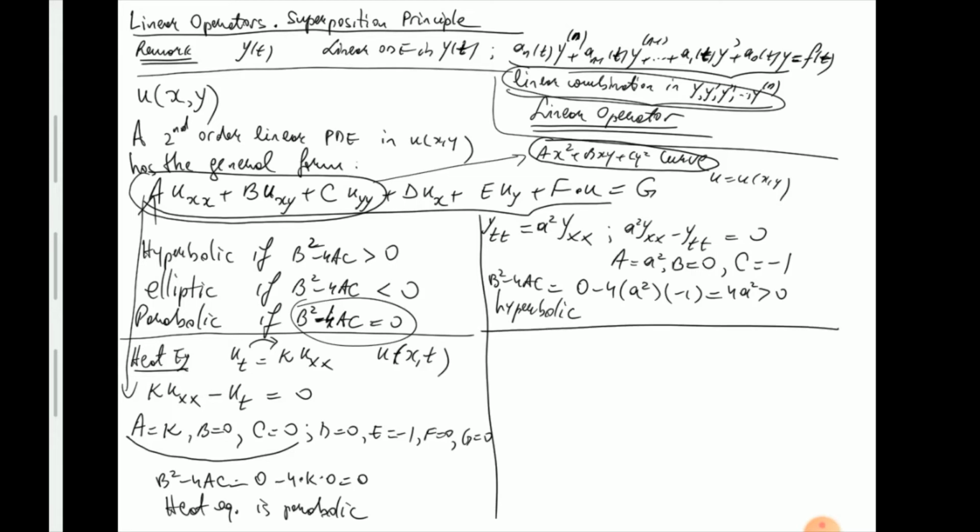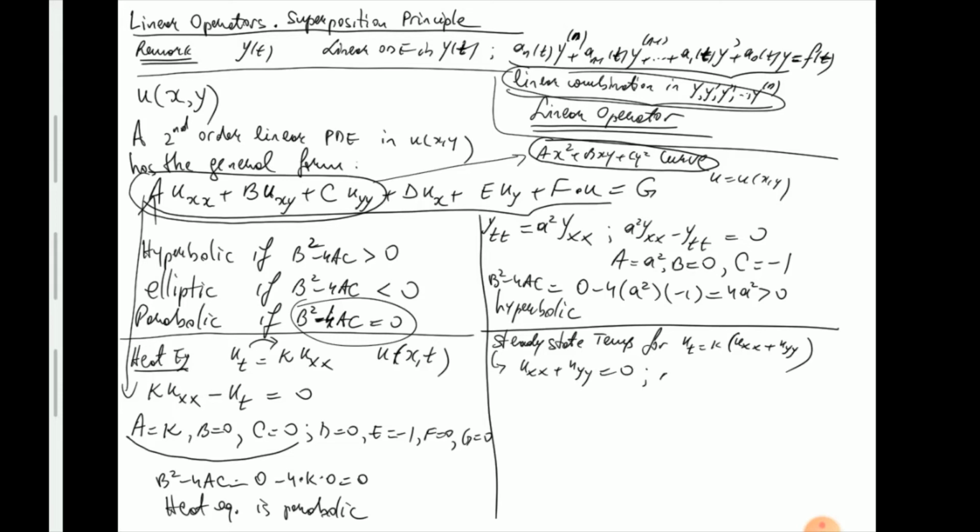All right, what about an elliptic example? Well, for example, the steady state temperature equation for, let's say, the heat equation in 2 dimensions. So you have the Laplacian times k on the right hand side. So the steady state temperature equation will be uxx plus uyy equals 0.